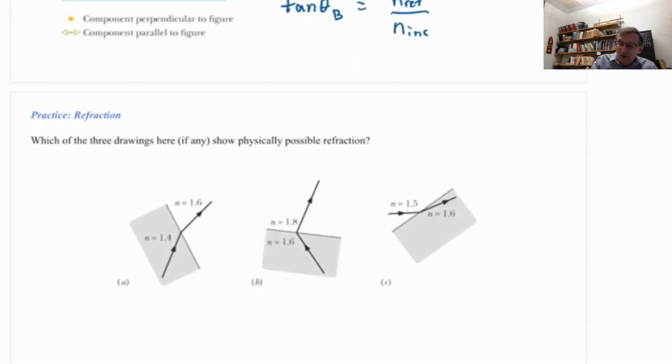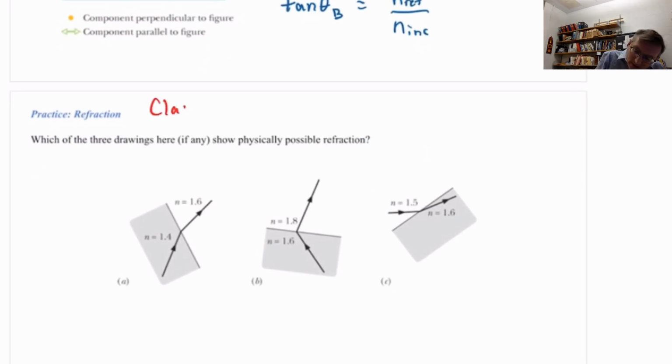Okay, so we'll finish with the class engagement exercise for Blackboard. And it goes like this. We have three figures, little a, little b, little c. They all show a ray that's incident on an interface between two different materials.